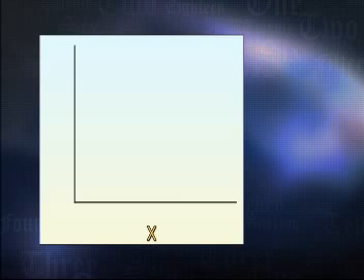I am sure by now most of you are familiar with bar and line graphs from your classes in mathematics. Graphs are often used to compare the effects of one variable on another. One variable is measured horizontally along the x-axis. The other variable is measured vertically along the y-axis.